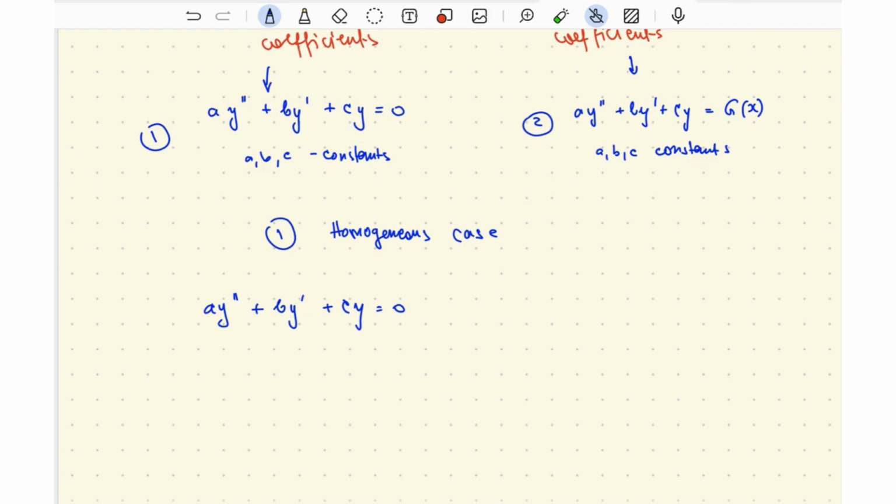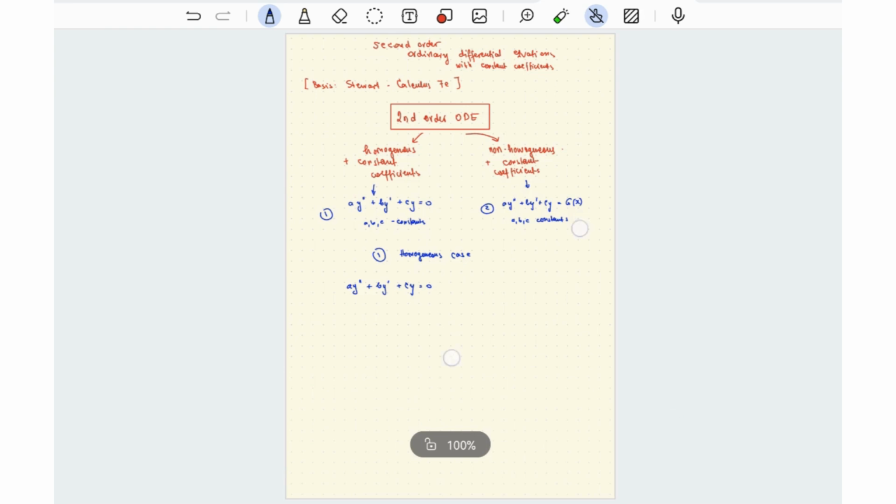what we get along with it is the so-called auxiliary or characteristic equation.